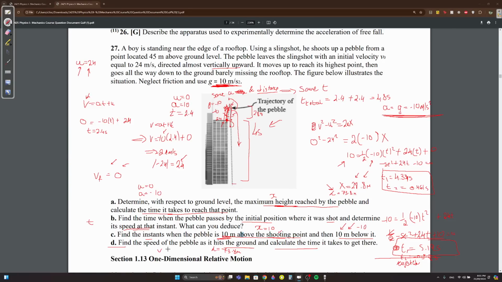How can you find v having a, u, and h without time? We use the equation v squared minus u squared equals 2ax. u is 0 because you're starting from rest, equals 2 times acceleration -10 times x.